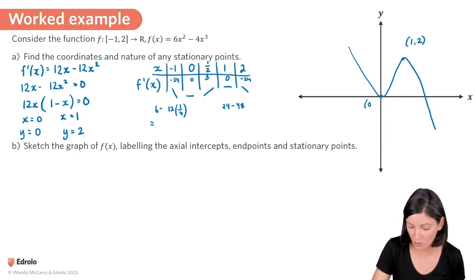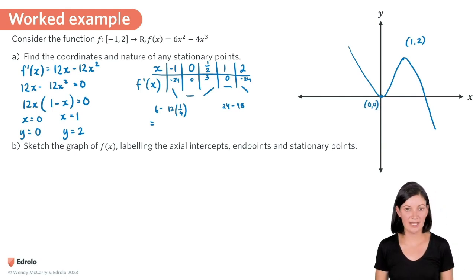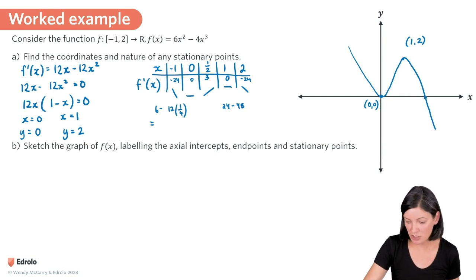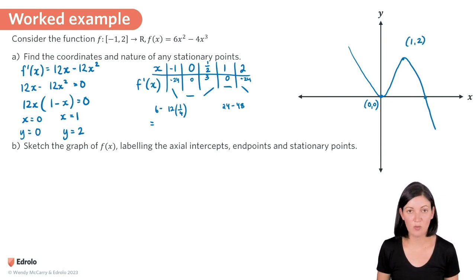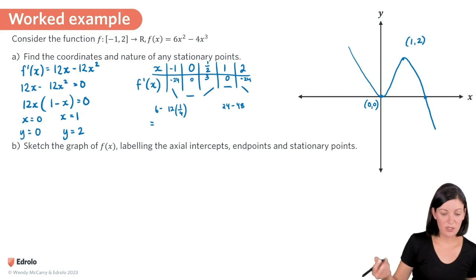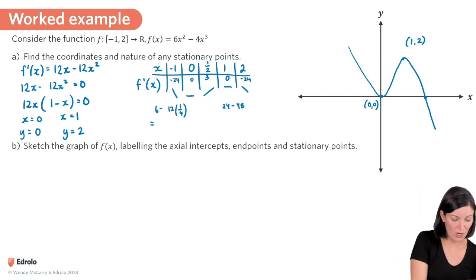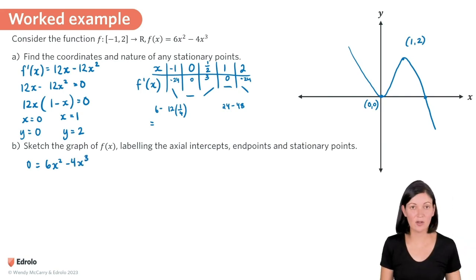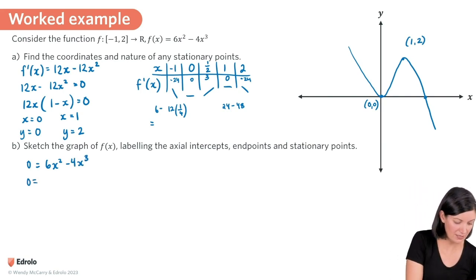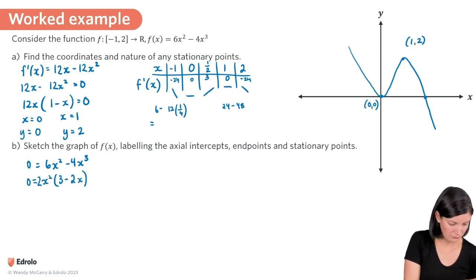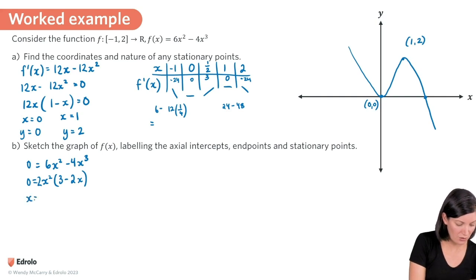I already know one x and y intercept is at (0, 0). I can tell from the shape of this graph that I need just one more x-intercept. To find the x-intercept, I need to set y equal to 0 and solve for x. So I get x equals 0, which we already knew.